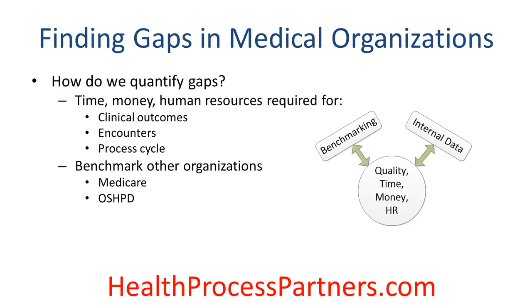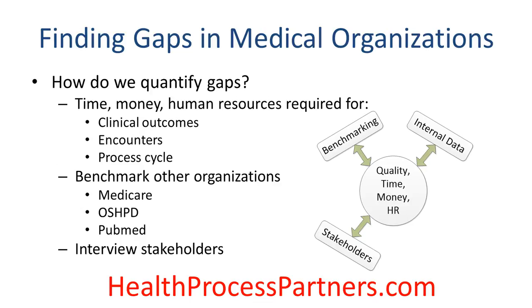You can segment them to find organizations of similar sizes and similar demographics doing similar types of work, to create a cohort group of other medical organizations that you can track together. Similarly, PubMed is an excellent source of more qualitative papers about clinicians struggling to develop best practices in each of the areas in which you work.